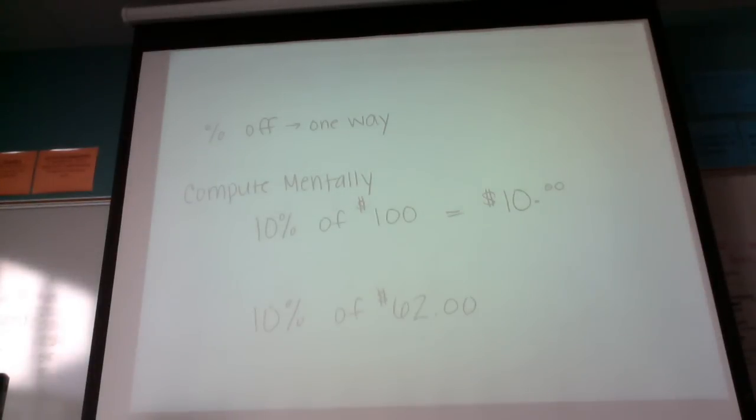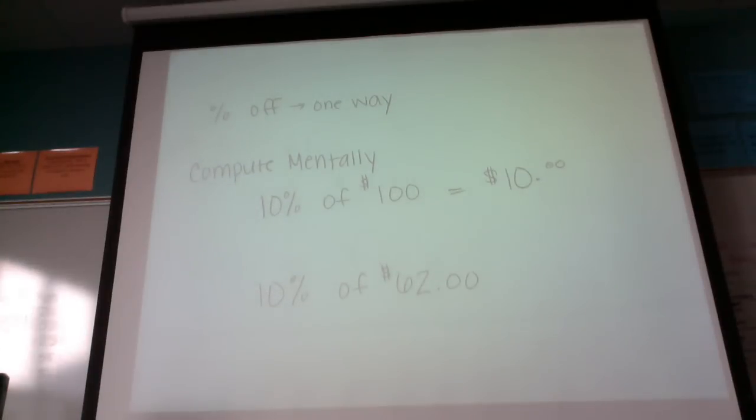Okay? Another way that we can do this, like if we're taking 10% of 62, is that I'm actually going to look at my decimal point. I'm actually going to end up dividing it by that percentage of 10. So I'm going to move my decimal point one spot over to the left, and that's going to tell me what 10% is. So 10% of $62 is going to be $6.20.